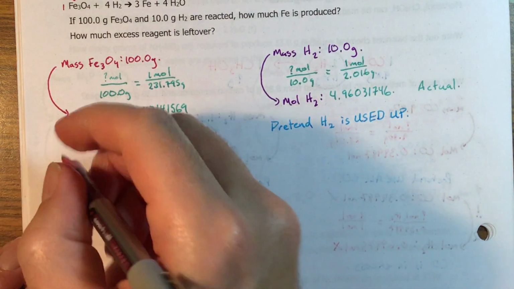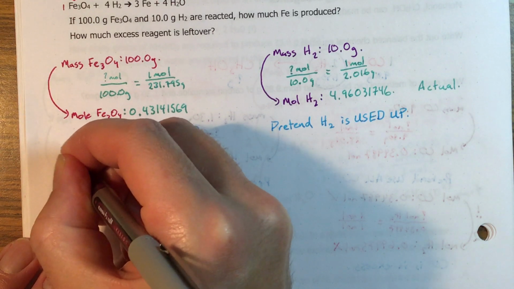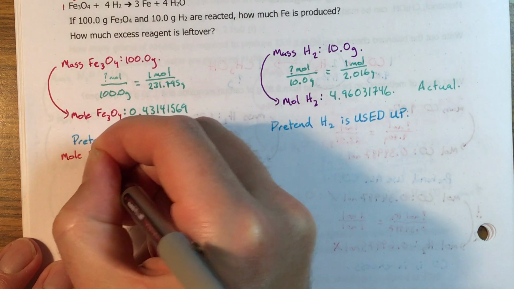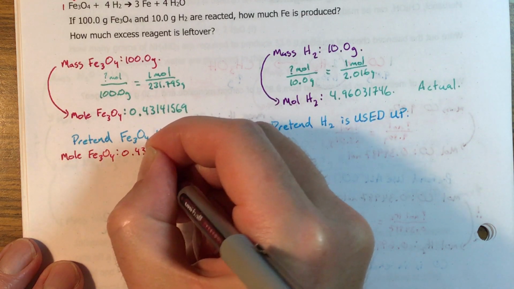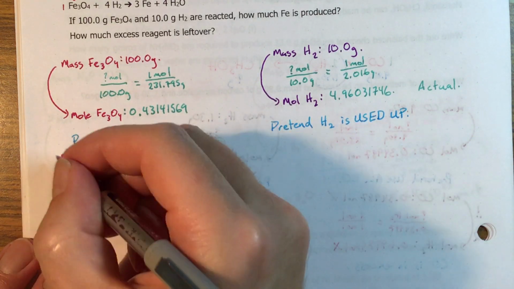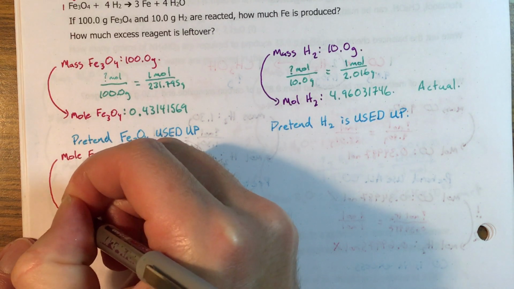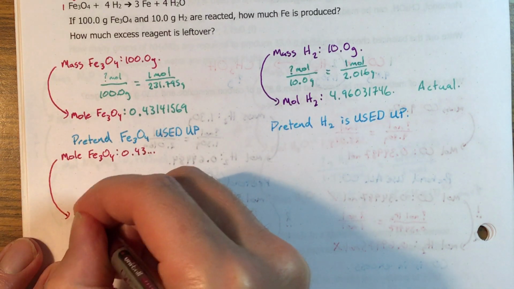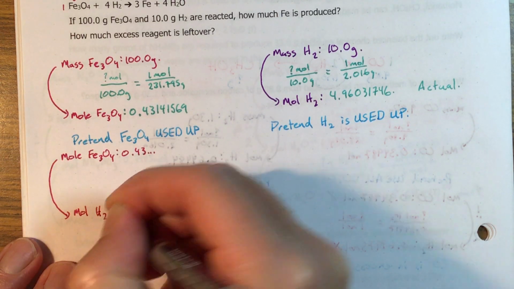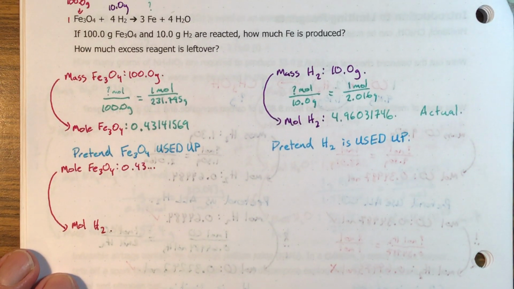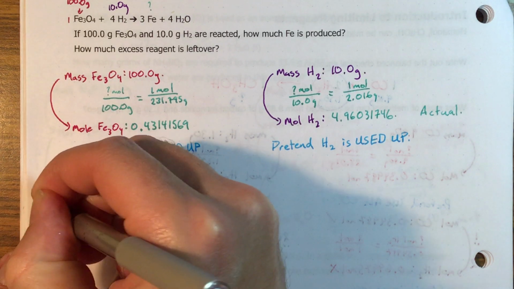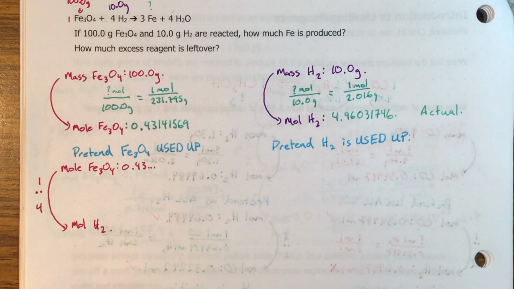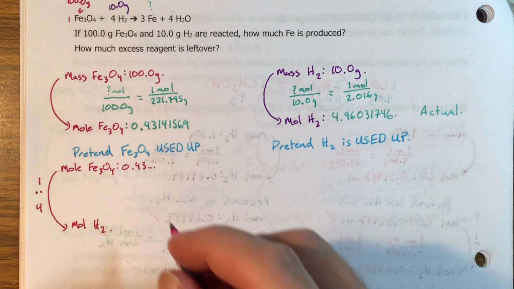So for the Fe3O4, we can have our moles of Fe3O4, and that's 0.043, it's just right up there. Then we're going to go through our molar ratio to figure out how many moles of H2 we would use. And our molar ratio comes from our chemical reaction. It's 1 mole of this to 4 moles of H2. All right, so let's do this.